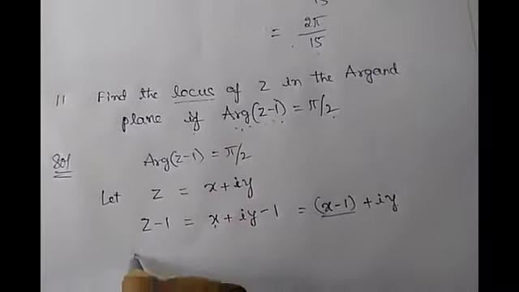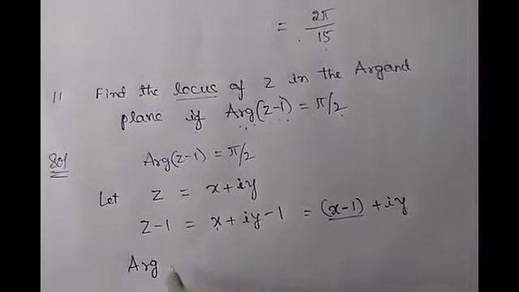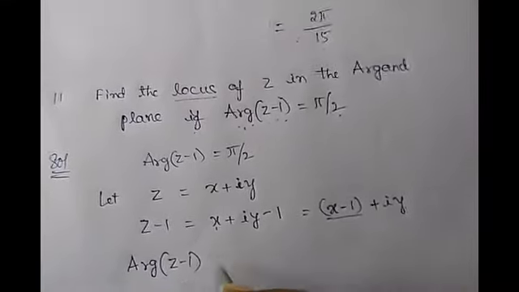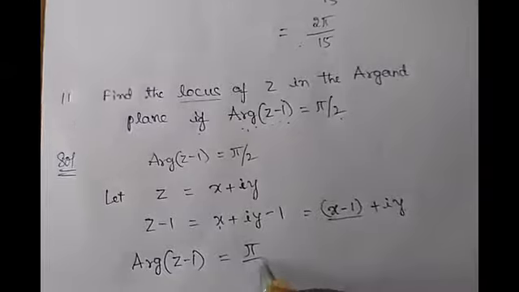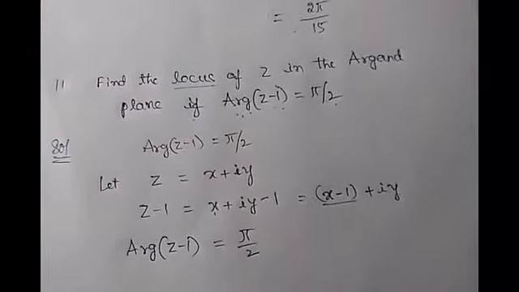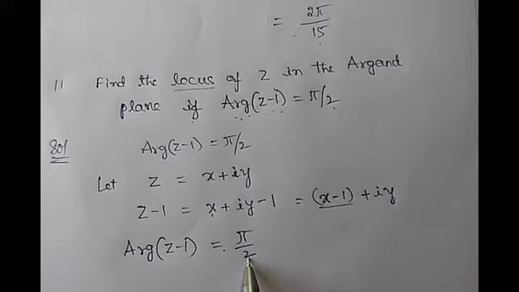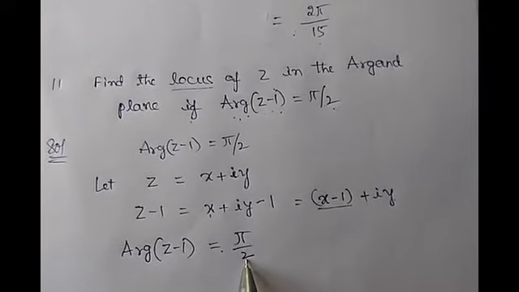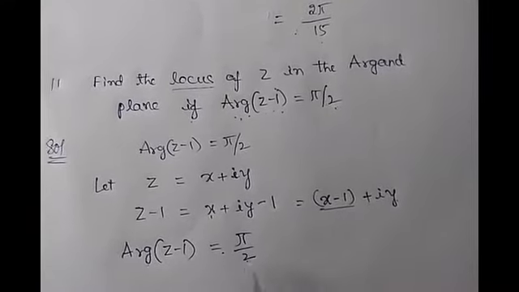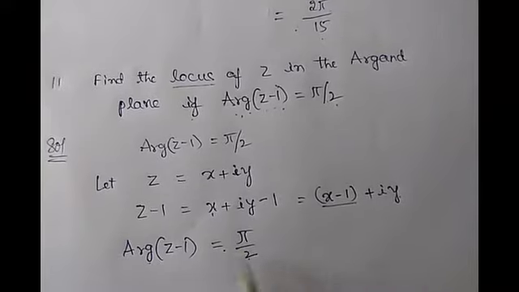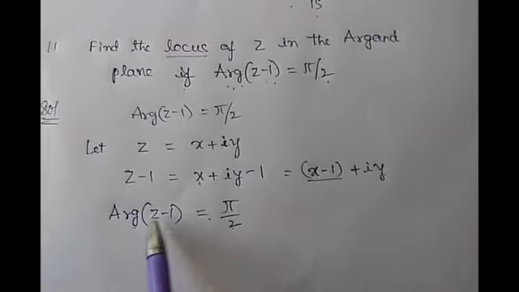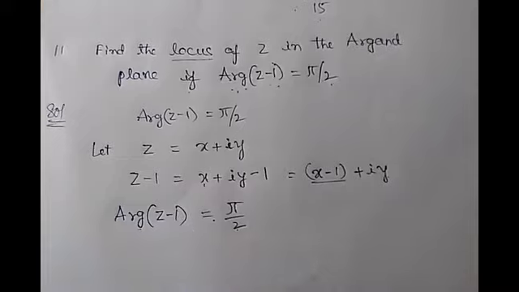Now what is the given condition? Argument of Z minus 1 equal to pi by 2. When you get pi by 2, Z minus 1 is a purely imaginary number.